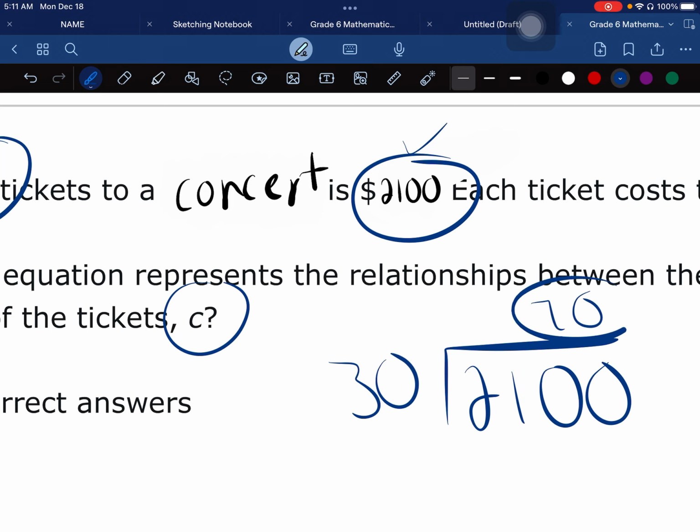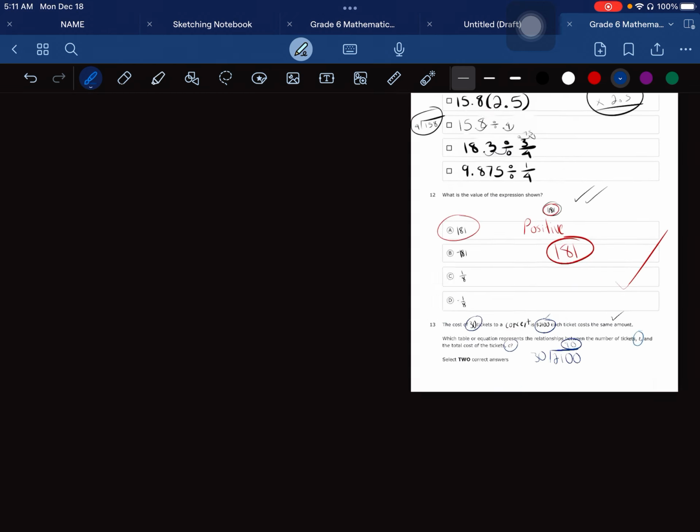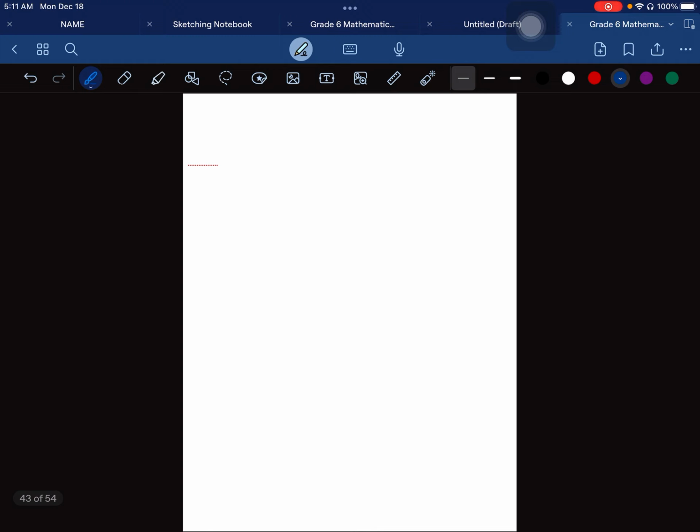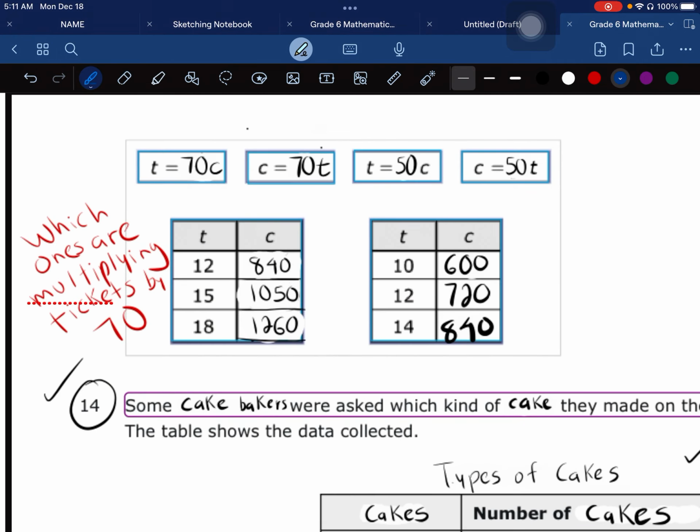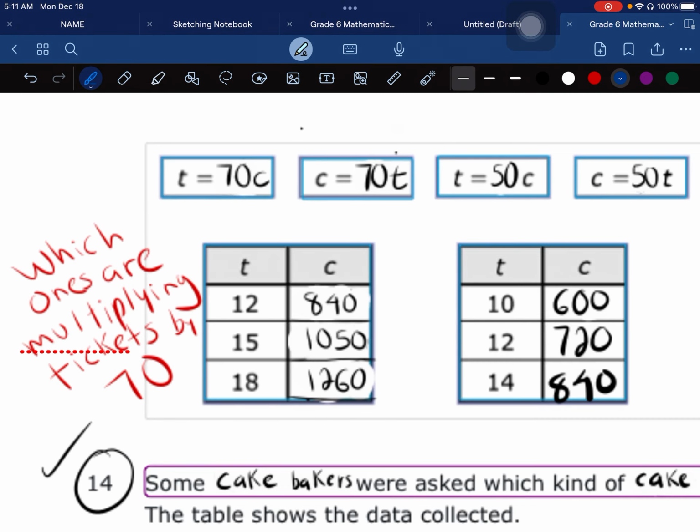When you divide, you get 70. Which one is multiplying the number of tickets by 70? And you get 2,100. Well, the one that's multiplying tickets by 70 would be this one.